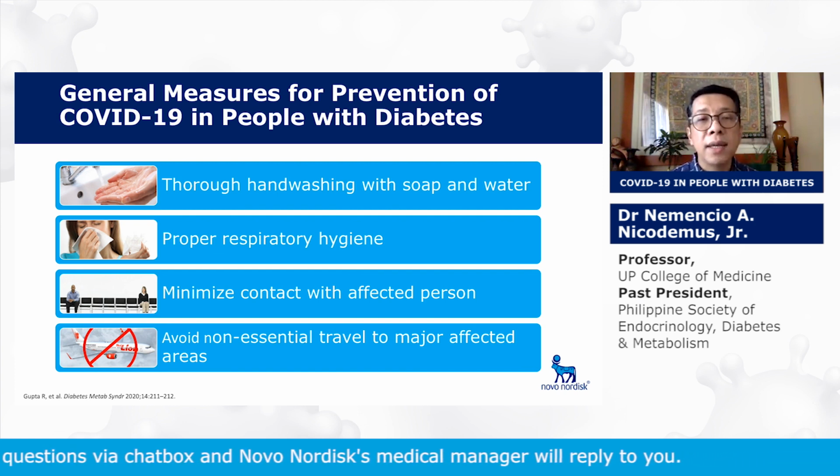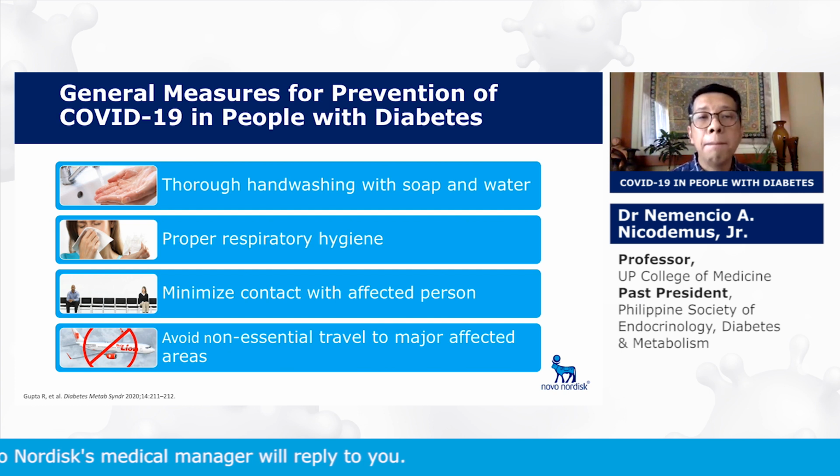As you see, these recommendations are not very specific for people with type 2 diabetes, but are measures in general for everyone in order to prevent COVID-19.